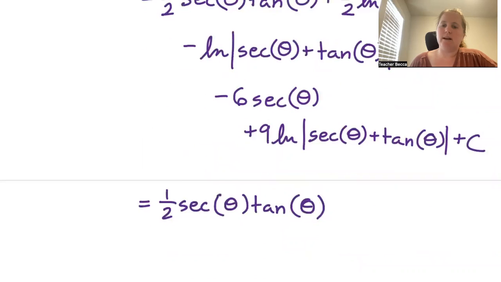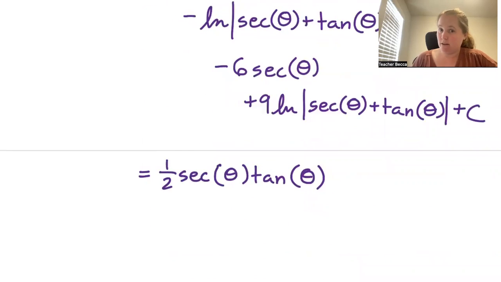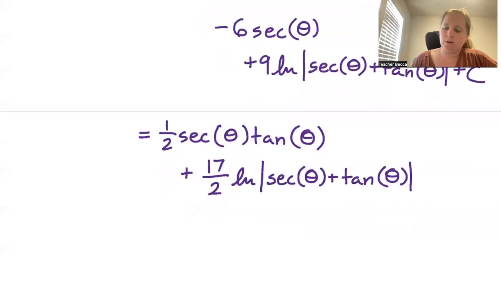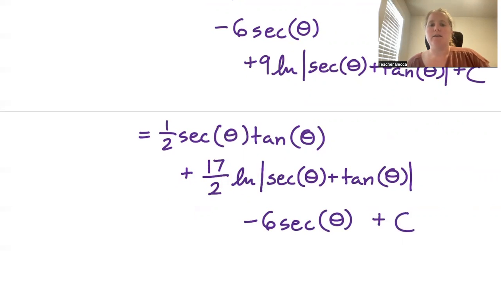Then we have plus 9 times that same natural log. So we have plus 17/2 the natural log of secant of theta plus tangent of theta. Then we have our minus 6 secant theta, and then plus c.